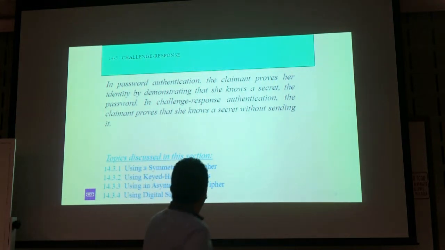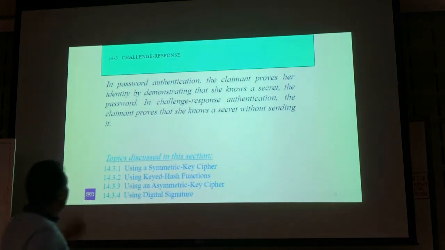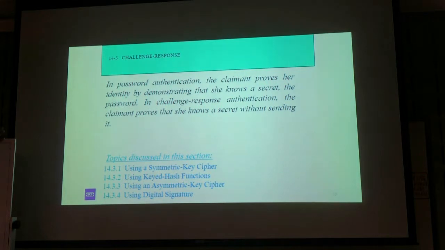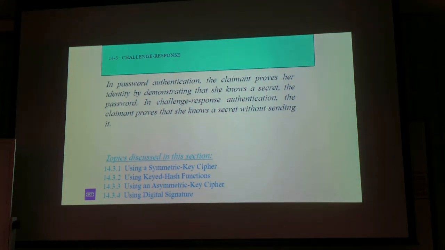The challenge response. So in password authentication, the claimant proves her identity by demonstrating that she knows a secret, or he knows a secret, which is the password. In challenge response authentication, the claimant proves that she knows a secret without sending it.